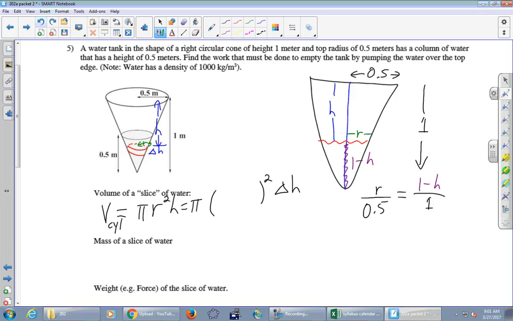By choosing to let h be the distance we have yet to travel, that's where we had to put in this 1 minus h. If we had labeled the purple thing here as h, then it would have just been h in this proportion. Okay, so there's our similar triangles set up. Again, we're trying to replace r in the parentheses here, so we're solving this equation for r. So we multiply both sides by 0.5, and we get that.